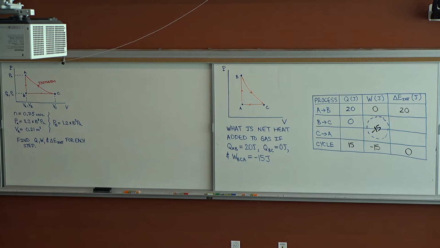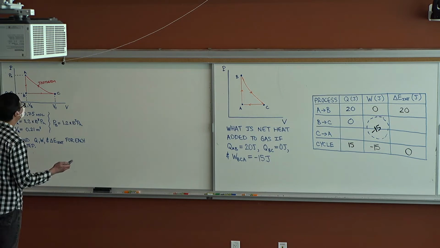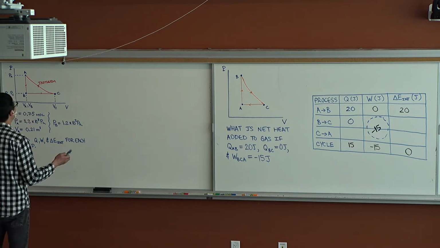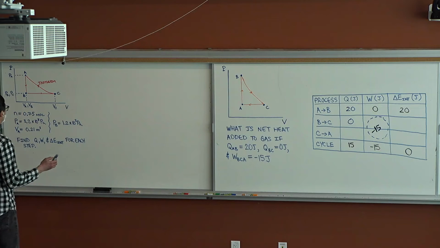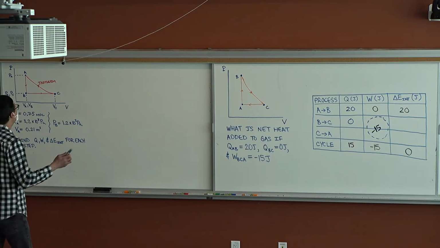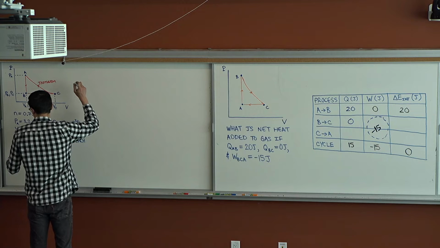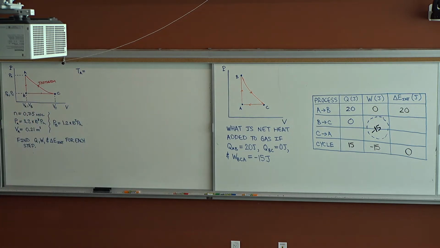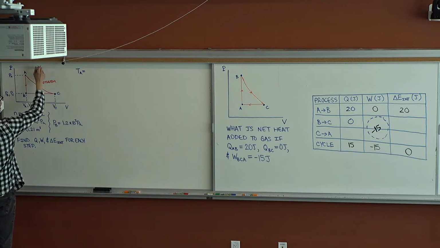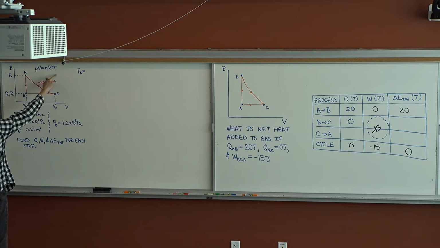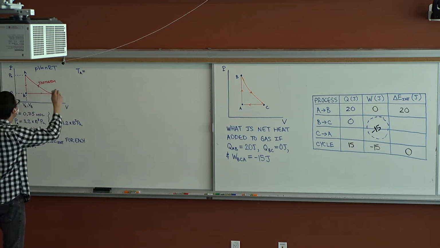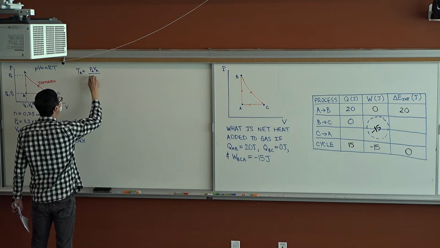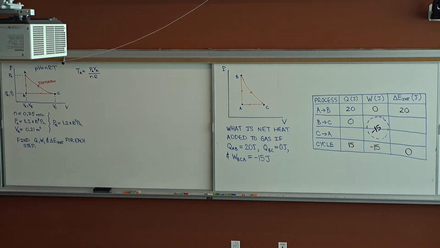Want to see if I can make this fit on one board. I apologize if this winds up being a little cramped as a result. So we could say that TA, right, we've got our ideal gas law, PV equals nRT. So TA should be PAVA over nR.